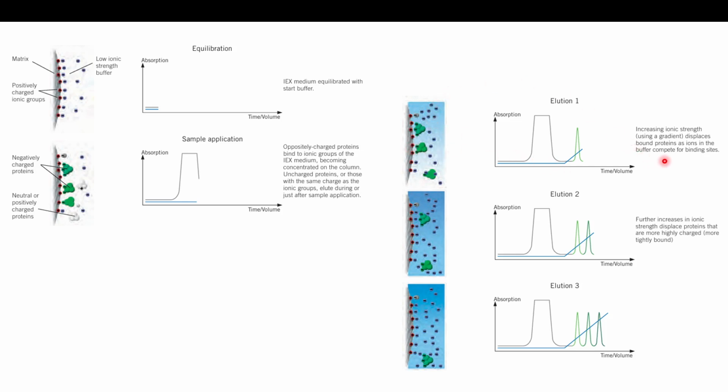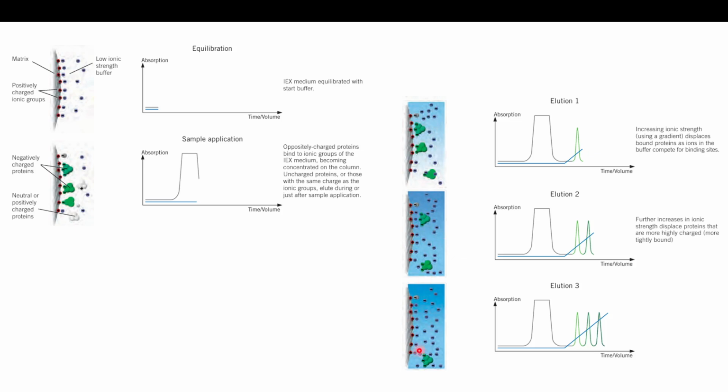These negatively charged ions, present in the elution buffer, compete for binding sites. Then as ionic strength is increased, the amount of these ions in the buffer increases, competition for binding to the positively charged matrix increases, and hence the proteins are displaced.